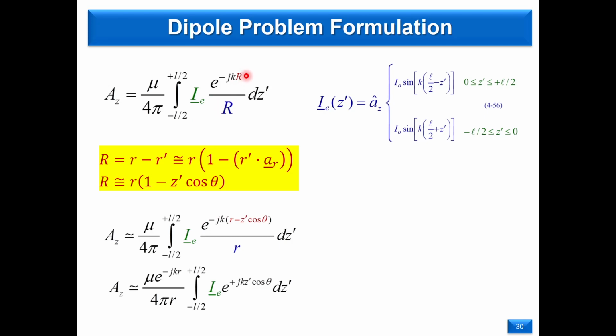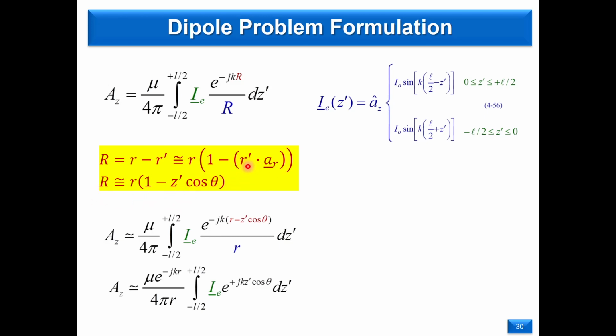But for the term in the phase, because the phase is more sensitive and periodic, we need a more accurate approximation, and this approximation is R equal r minus r prime, which we did before in the previous lecture.